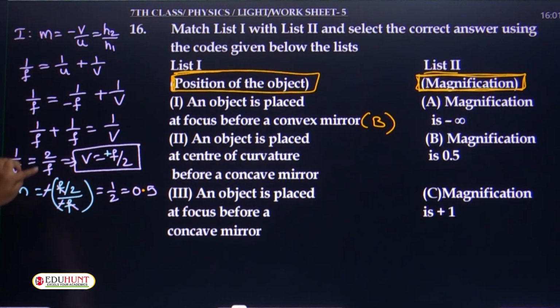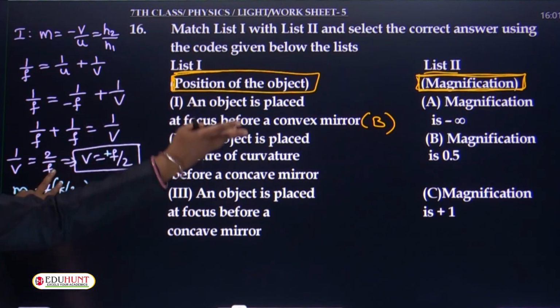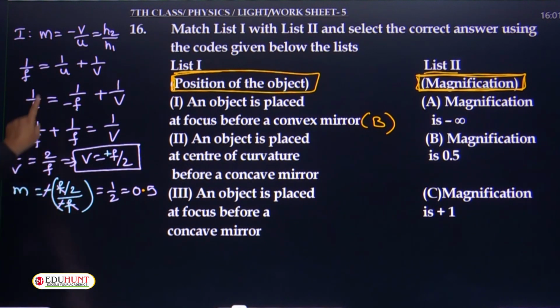This minus, I considered it here. V should be a positive value because it's forming a virtual image, plus f by 2. And u is kept in front of the convex mirror, so minus f. Solving this, minus minus gets cancelled, you got 0.5. So that's all about the first part.